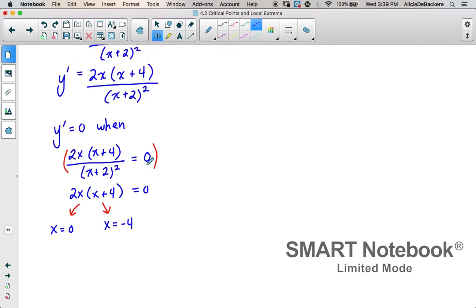Now we're going to figure out, well, when does the derivative not exist? And the derivative does not exist when the denominator is equal to 0. And so I'm going to square root both sides. I'm square rooting 0, so the positive and the negative square root is still just 0.